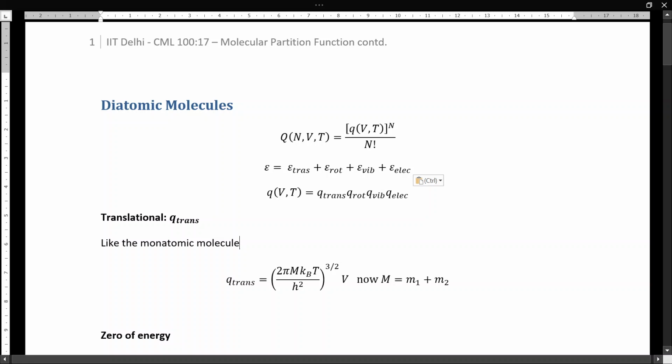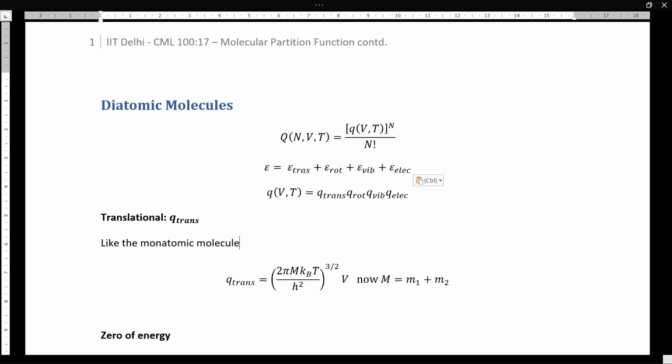It doesn't matter if I choose different zeros for all of these different systems, because all I'm going to do is account for the rotational levels separately, the vibrational levels separately, and the electronic levels separately. So it really doesn't matter if I choose different zeros of energy.